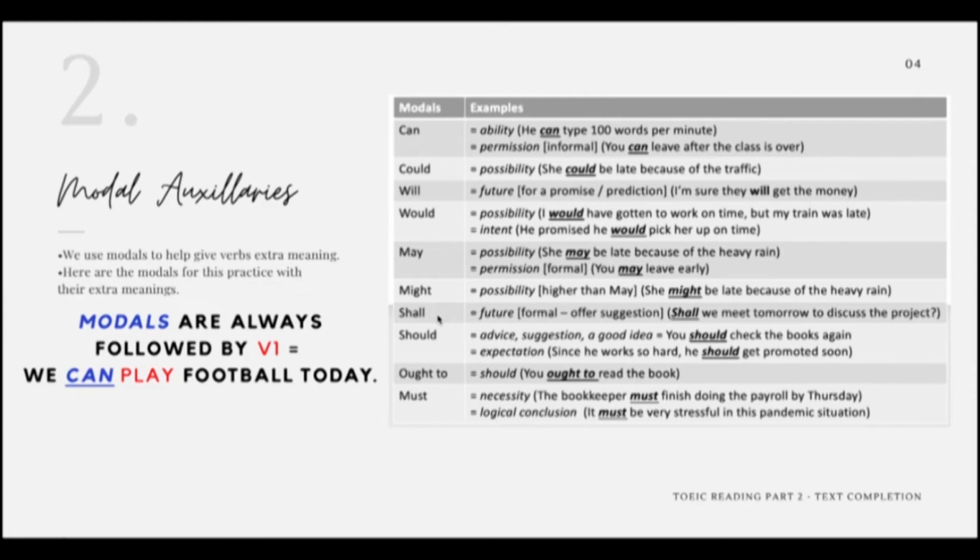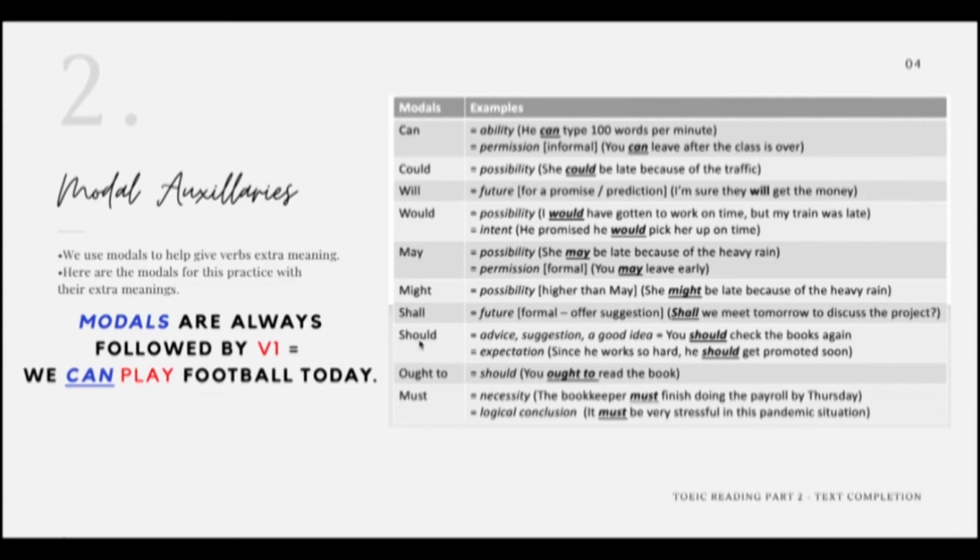Shall is similar to will, but it also offers a suggestion. For instance, shall we meet tomorrow to discuss the project, or even shall we go to the cafe tomorrow afternoon? That is also okay. But pay attention that shall is used for formal occasions only.